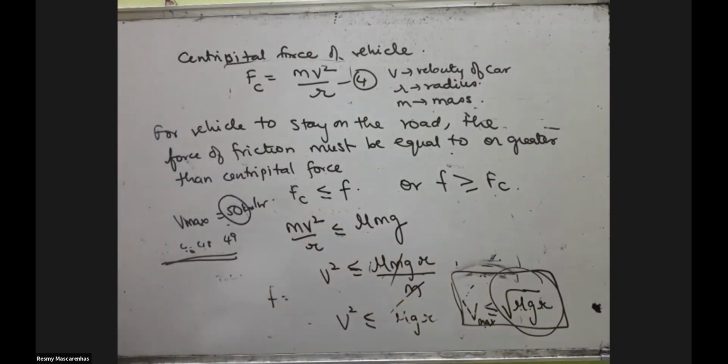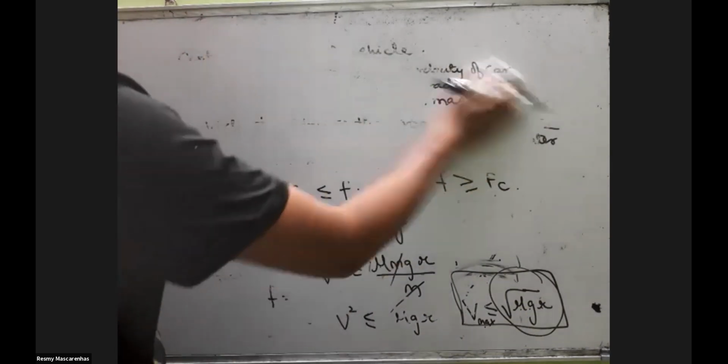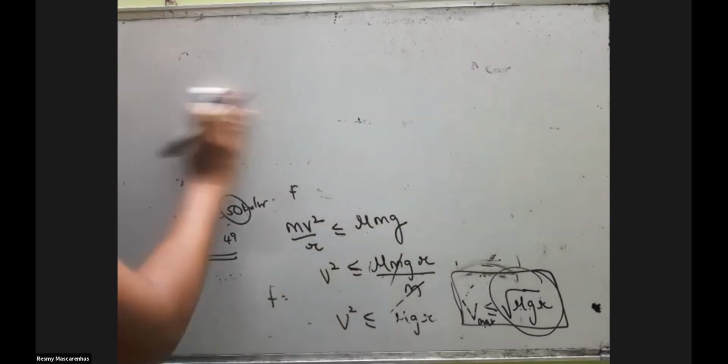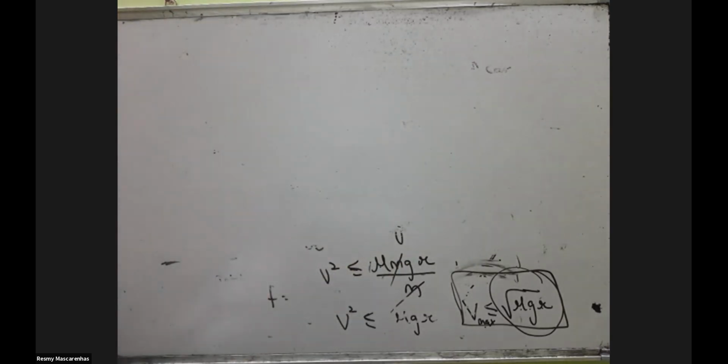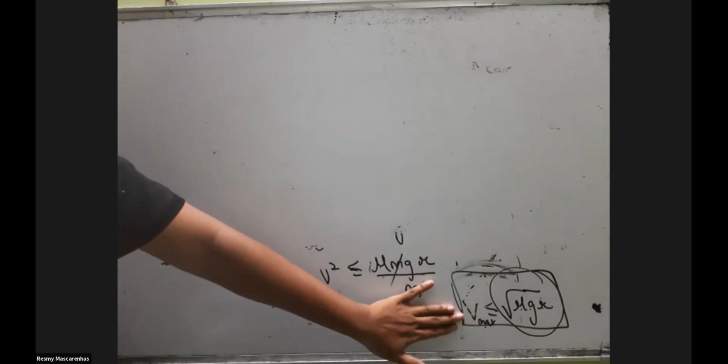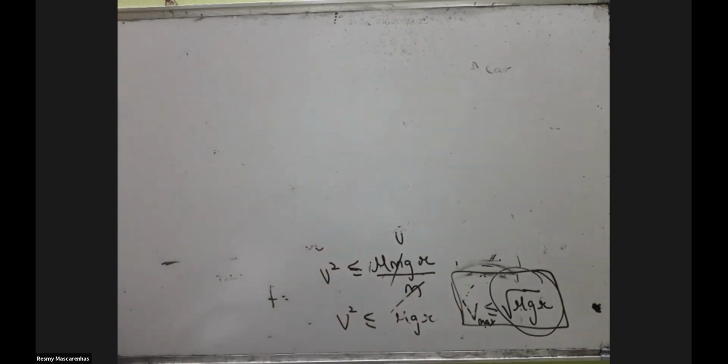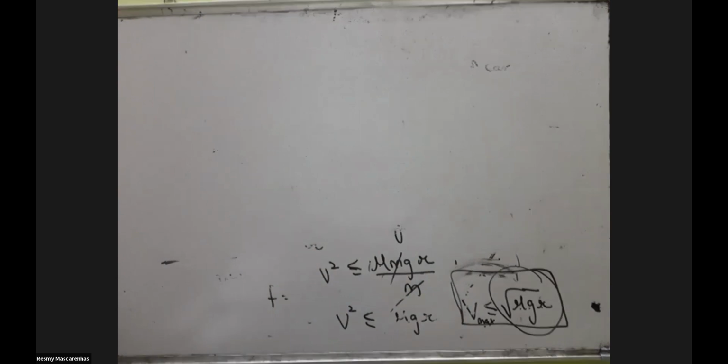Imagine your tires were very smooth and had no friction. Then the car would slip and go out of the road. So this is the derivation for the maximum velocity for the car to stay on the road.